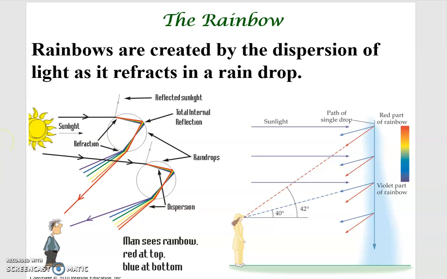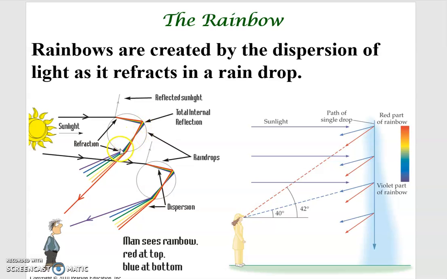From this figure, you can follow the ray of the sunlight when it enters into the drop near the surface. Here, a refraction happens for each raindrop. So the light will be dispersed, and now you will get a total internal reflection, which is what we just learned in chapter 26. So this is the first internal reflection.